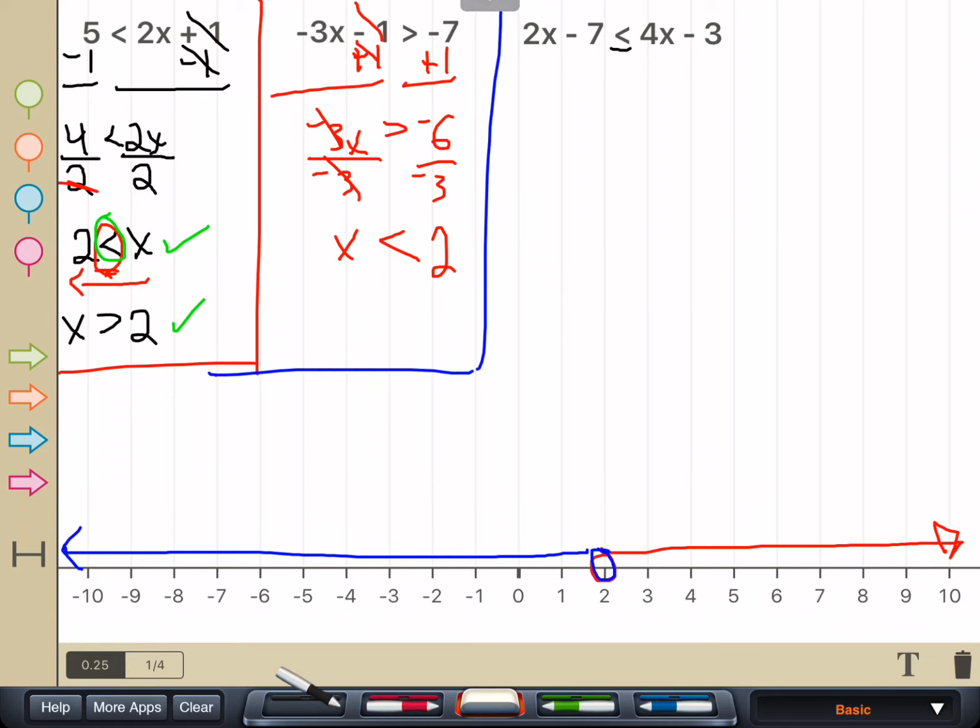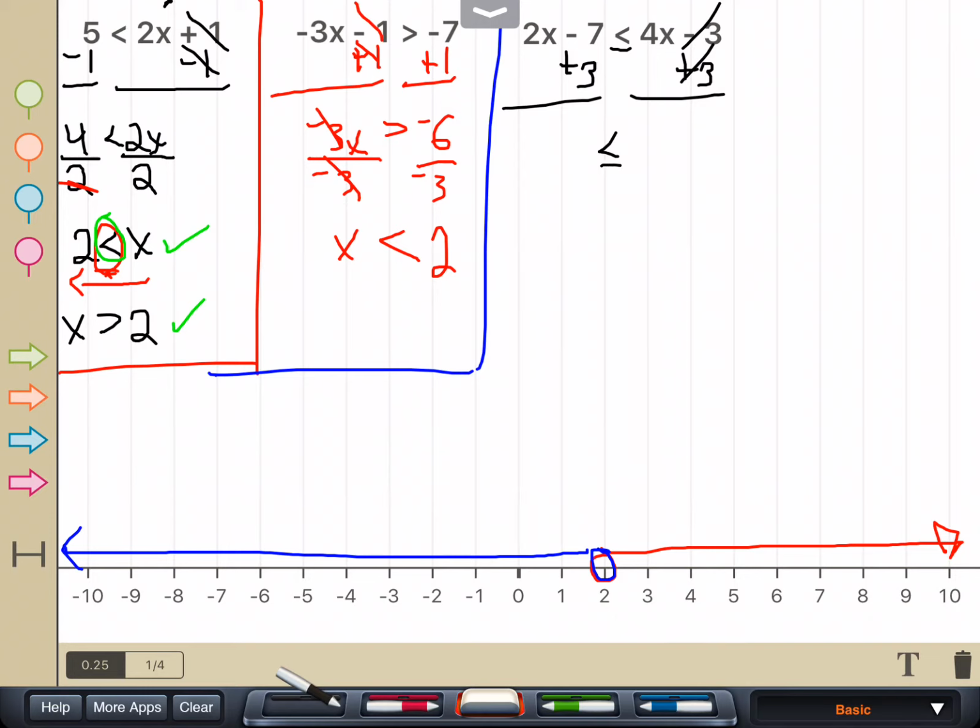Okay, now we have a variable on each side of the inequality sign here, but we're just going to go through the steps of solving it just like an equation. So first I'm going to add 3 to each side. These cancel out.